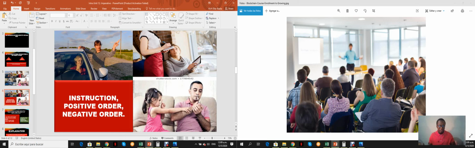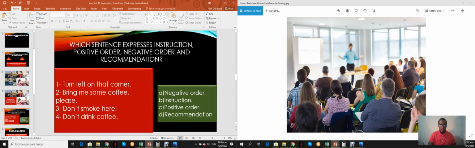It's just to make them think, doing some approaches before you explain the grammar. When they finish with this step, I will jump to the next step, which says: which sentence expresses instruction, positive order, negative order, and recommendation or advice.